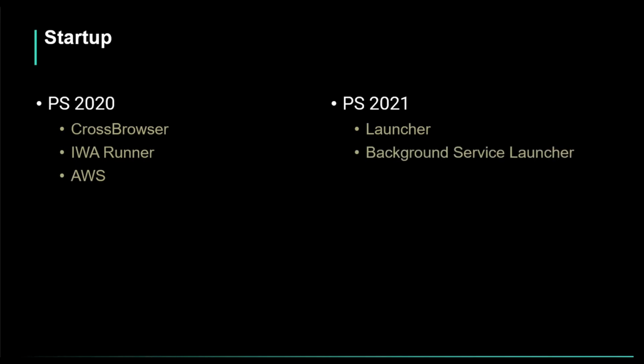The launcher can also be started as a background service, which is, for example, an option that helps you run multiple sessions on a Citrix environment, which is instead not possible with PowerServer 2020 because cross-browser and IWA are not designed for that. A nice feature in PowerServer 2021 is the integrated signing support.